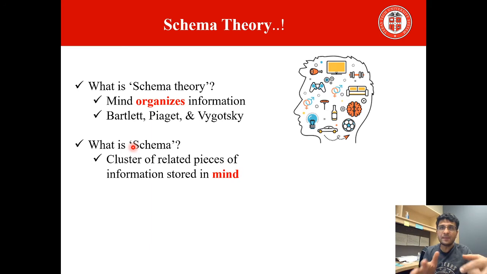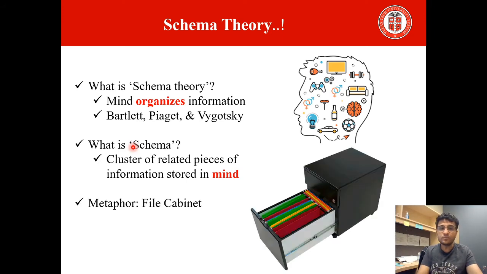However, mind is something which works more on a perceptual basis. So whatever things we have in our surroundings, our brain perceives them, and it just puts the similar pieces of information into different chambers. This is about schema and schema theory.